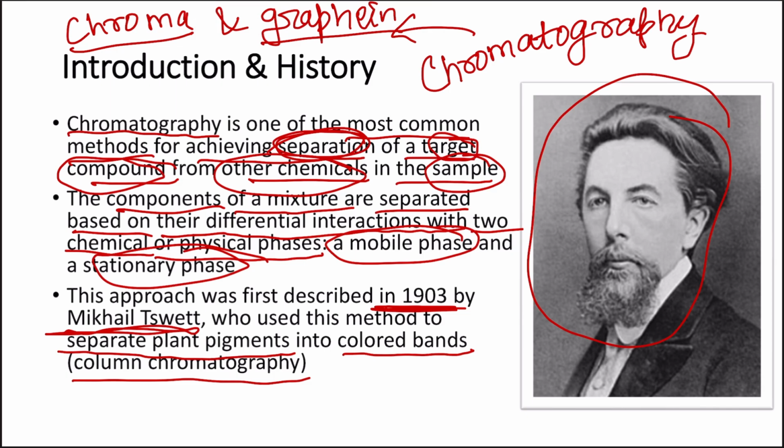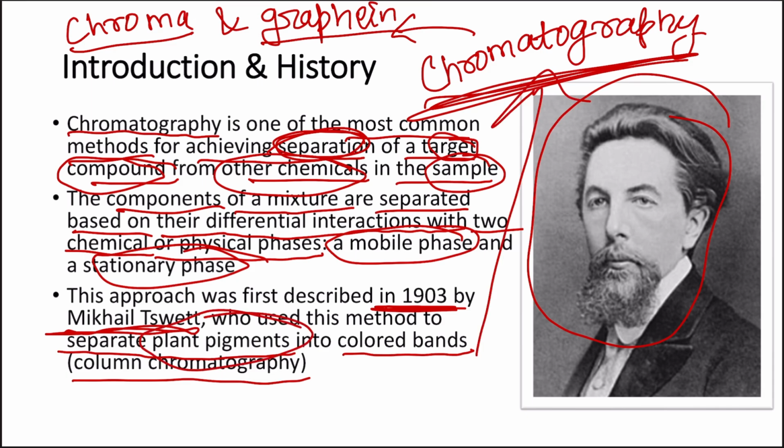But in modern days, chromatographic methods are not only used to separate pigmented materials, they can also separate materials which have no color. So right now we can say chromatography is a misnomer, but this term was coined by him based on the separation of plant pigments at that time, and those were colored bands. As a result, he gave it the name chromatography.